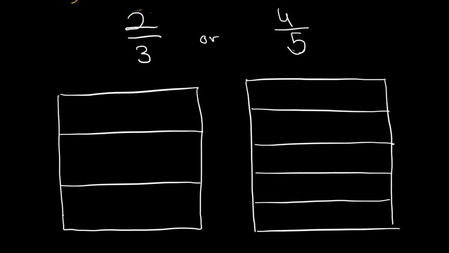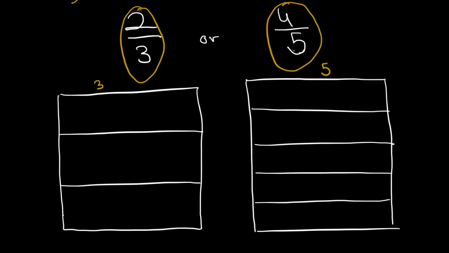Okay, so now that we've dealt with easier inequalities, we're going to go to a more difficult inequality. So this is the problem that I am using. Which one's greater, 2 over 3 or 4 over 5? Well, let's visualize this with two same-sized squares, but one is cut into 3 pieces and the other is cut into 5 pieces.